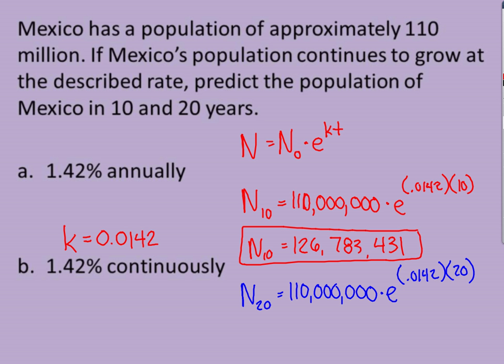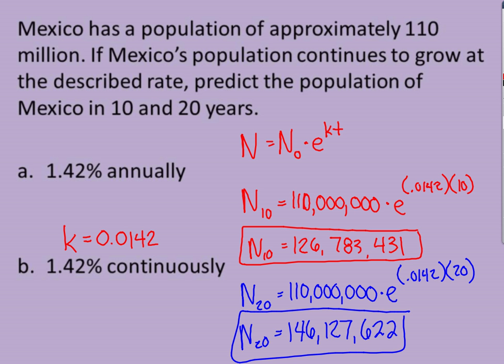Again, we can do the same thing with 20 years. We have 146,127,622 people.